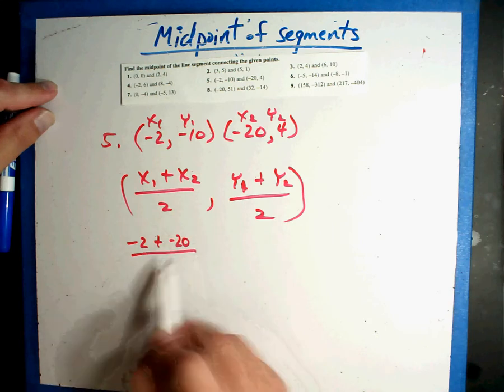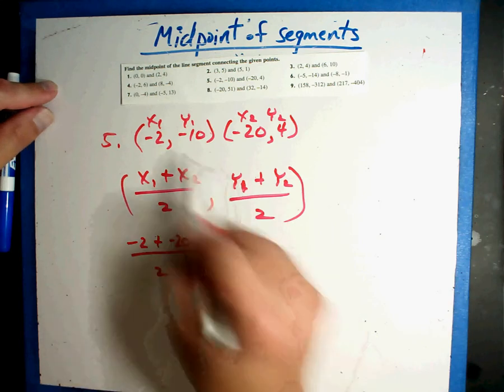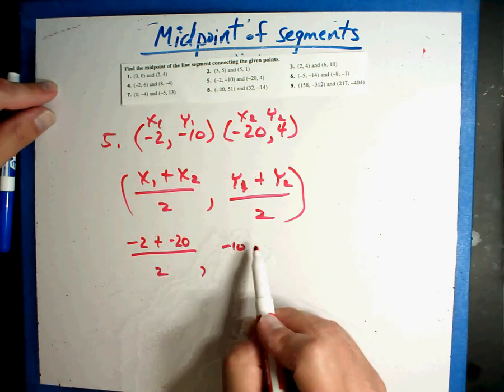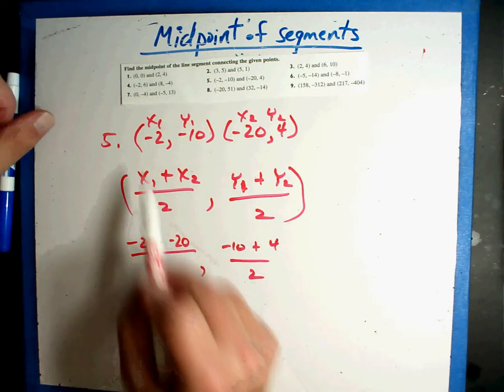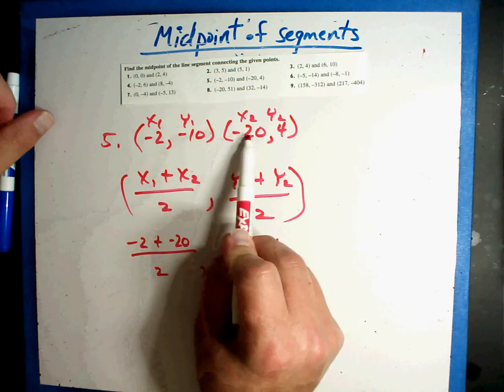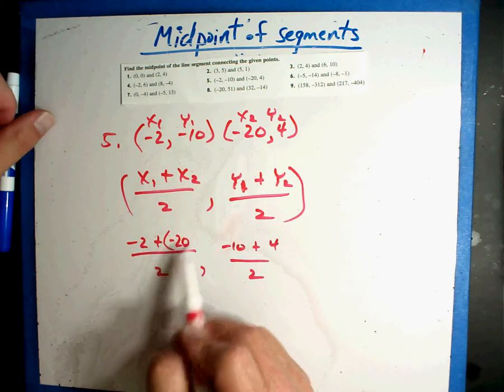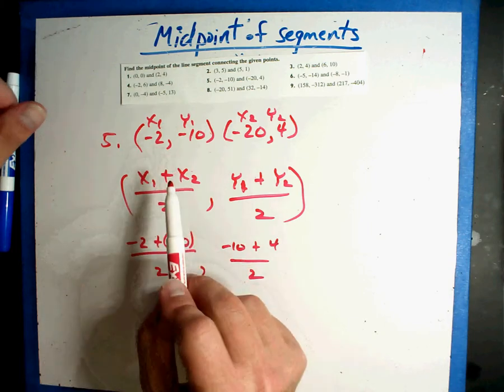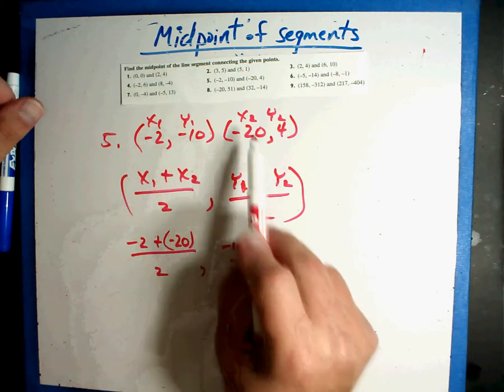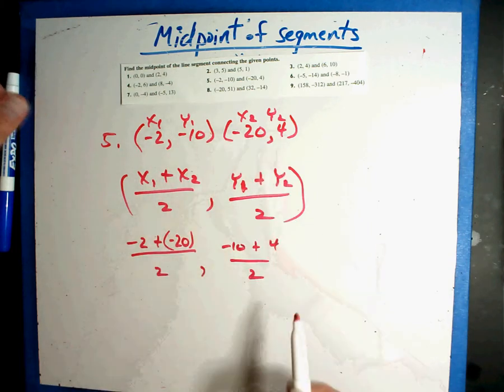That looks interesting. Divided by 2. And negative 10 plus 4 divided by 2. Now one more time. Negative 2 plus a negative 20. Sometimes they'll be written like that just to make sure we get it right. And negative 10 plus 4. All right, so let's see what we get.